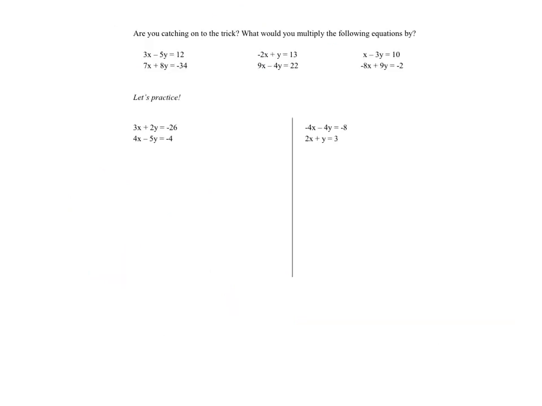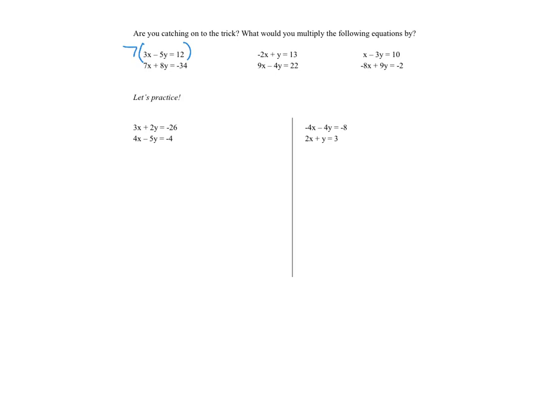All right, now let's look at these three different systems of equations and just determine what we could multiply them by. As I said before, you can cancel out the x's or y's, so there's actually a couple different choices you have. So for the first one, I would just try getting rid of the x's because that one looks a little bit smaller, but again, you could choose the y's. I'm going to multiply the top equation by 7.